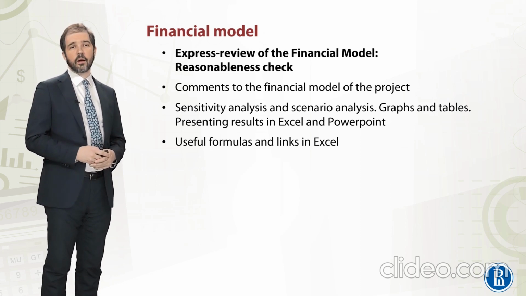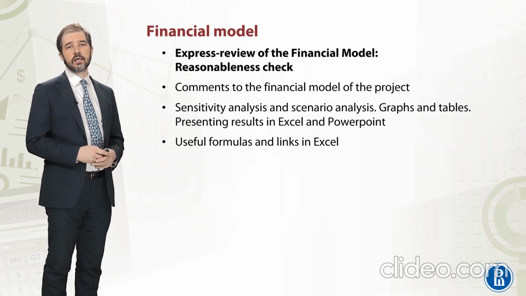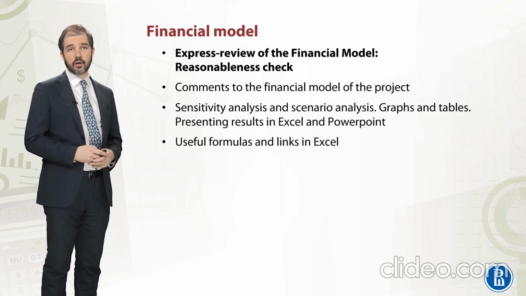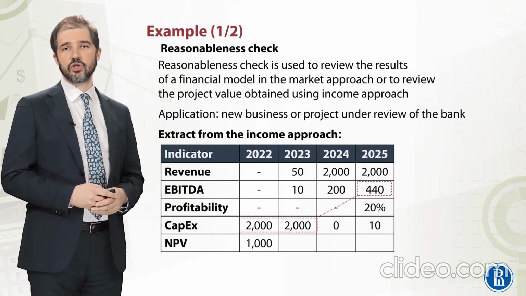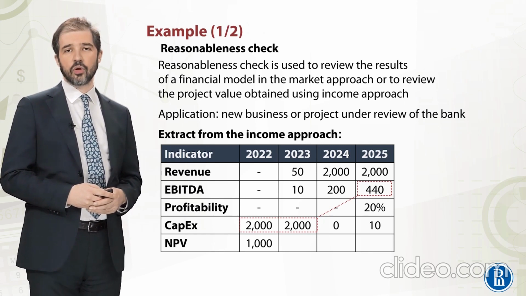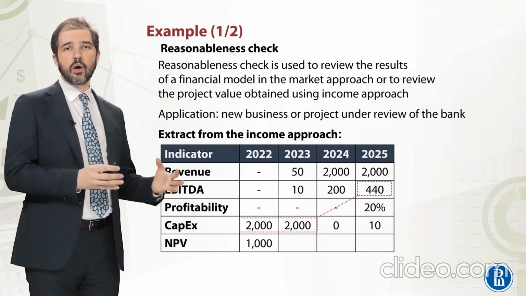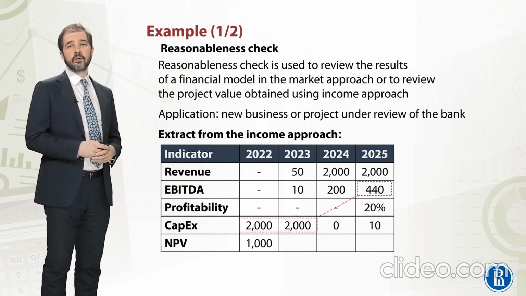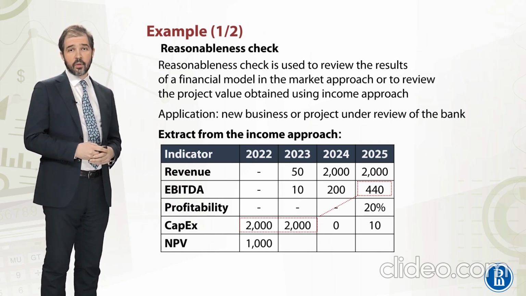So first, we have to discuss the express review of the financial model, the reasonableness check of the results. The reasonableness check is used to review the results of some financial model, maybe very complex or of average size and complexity, by the market approach.